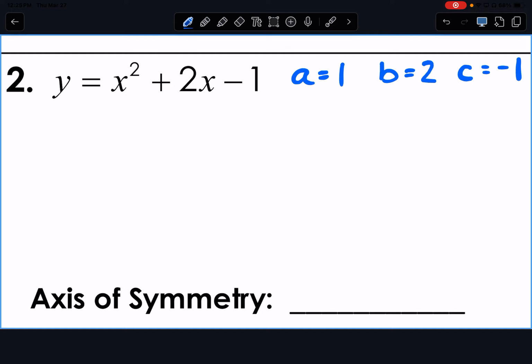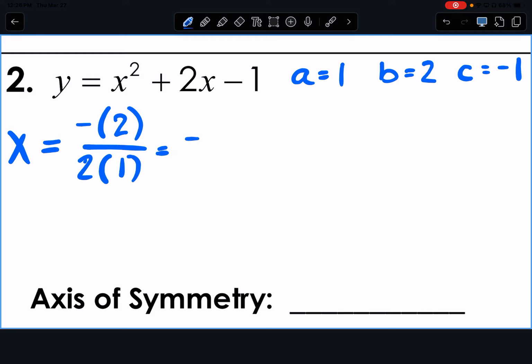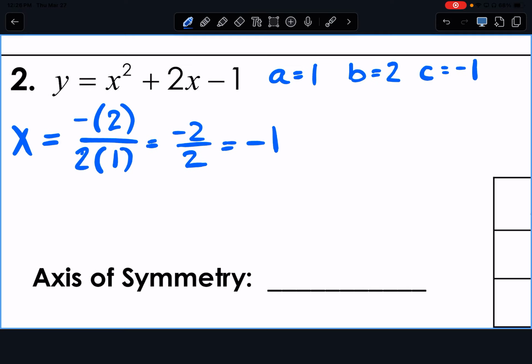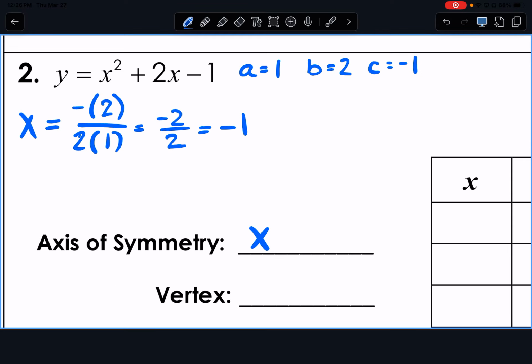So first things first, I have to find our axis of symmetry. So we do X is equal to negative B over 2 times A. What is B? 2. Over 2 times 1, so we get negative 2 over 2, which is negative 1. So our axis of symmetry is X equals negative 1.